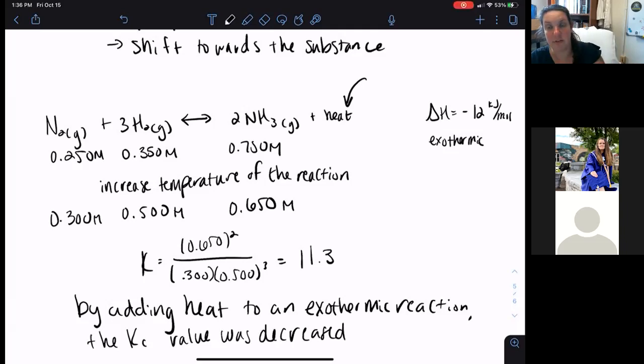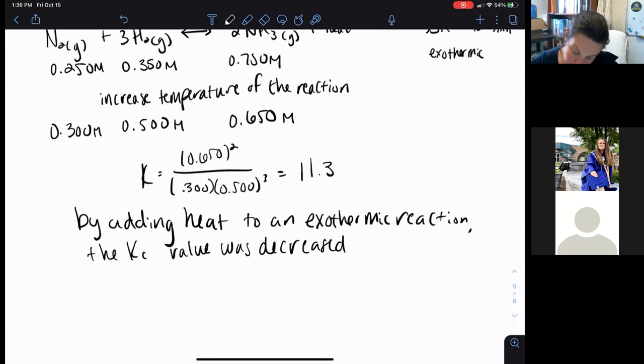That's because that increase in heat is going to favor the reactants more. So this will have an actual effect on our Kc value. Okay.